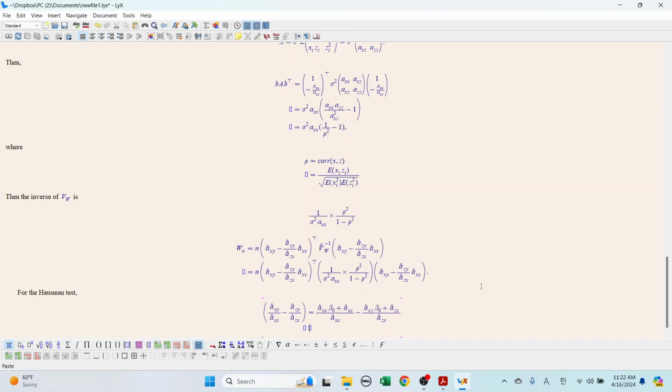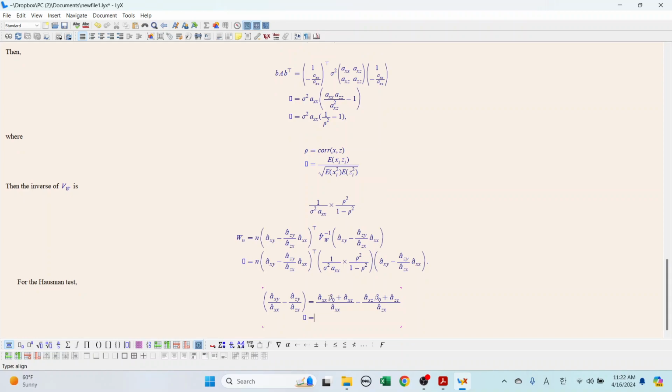Then again, beta 0 here is cancelled by the denominator. So beta 0 here will be cancelled out by this beta 0 because the coefficient cancelled out again.